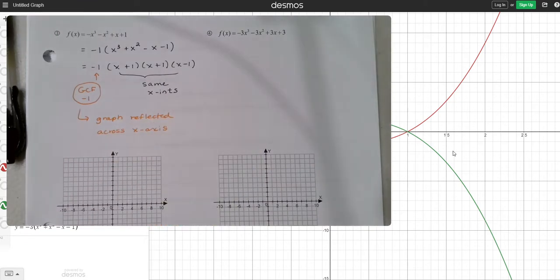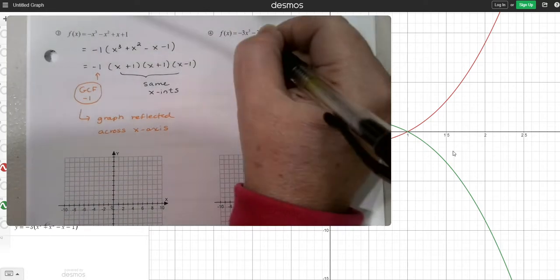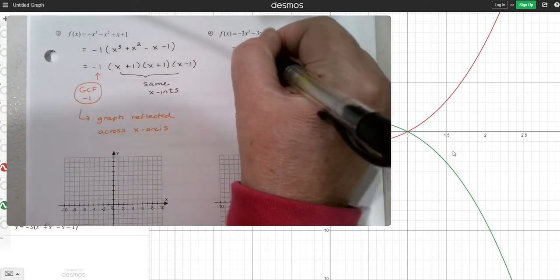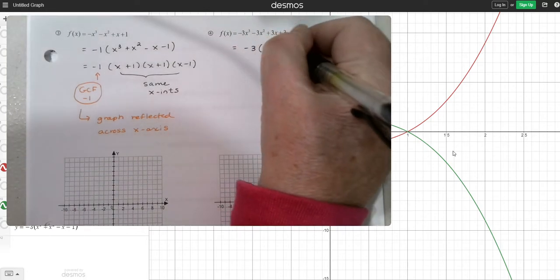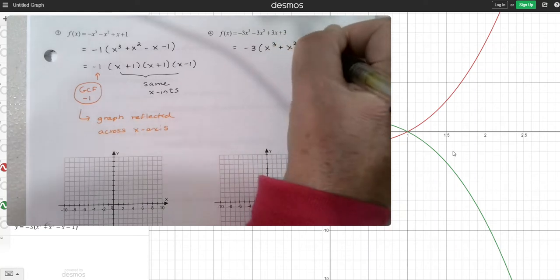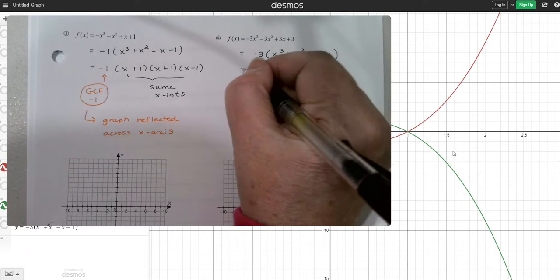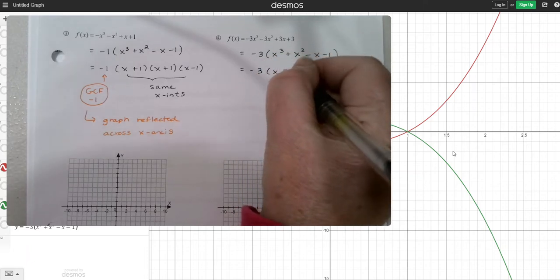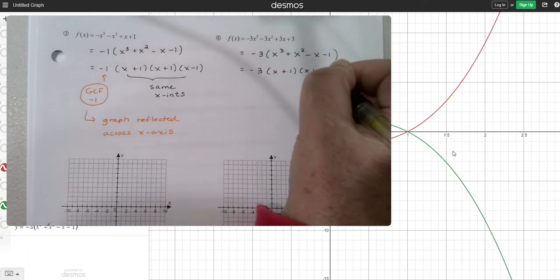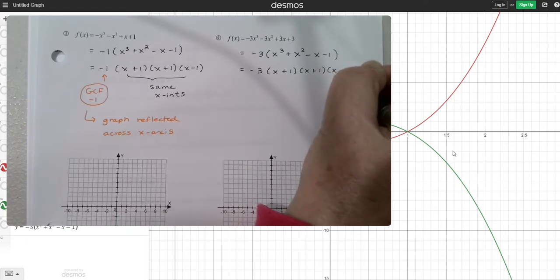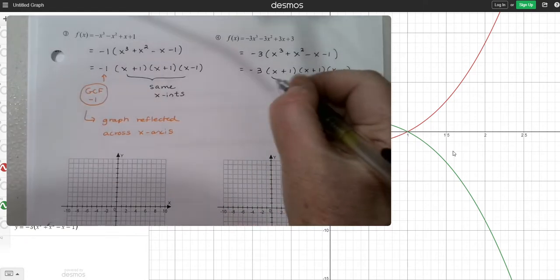And the last one, I could actually factor out a -3 here. At which point I'm back to my same original again. So once again, I'm just going to steal the factoring that we already worked out. So back to the same x-intercepts.